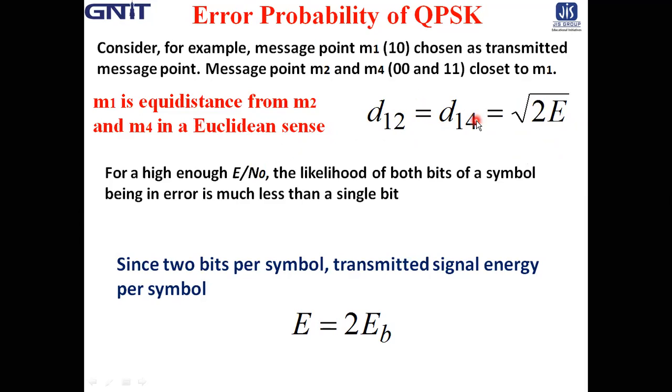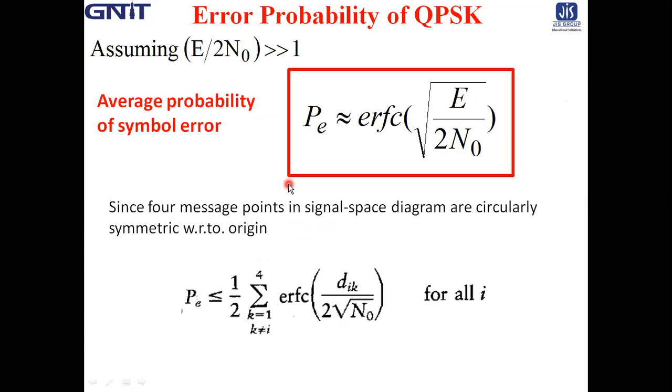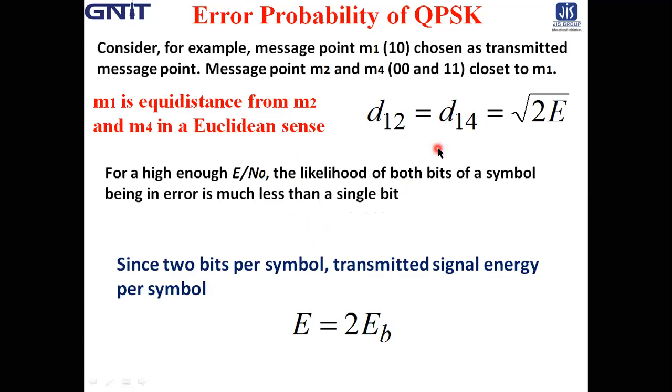Now assuming that E by N0 is large enough to ignore the contribution of the most distant message point M3 corresponding to dibit 01 relative to M1, we find an approximate expression for PE, the same as this erfc expression.